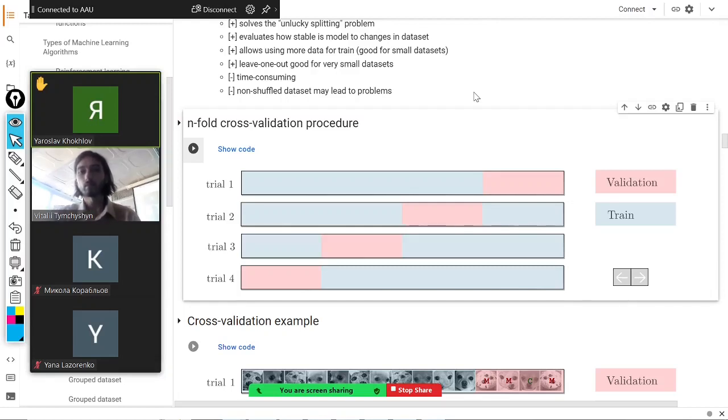Training we have 70%, test 20%, and validation 10%. It's for better results and to understand how our model works. What do you think about it?